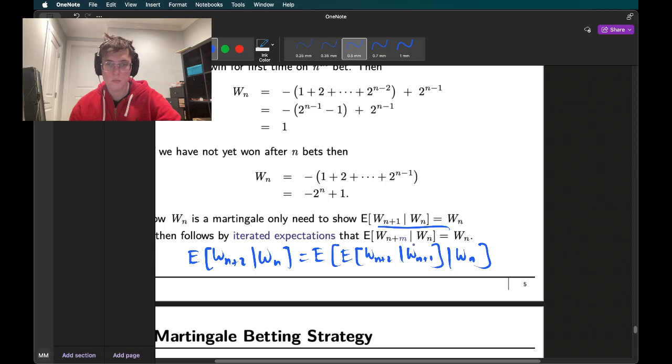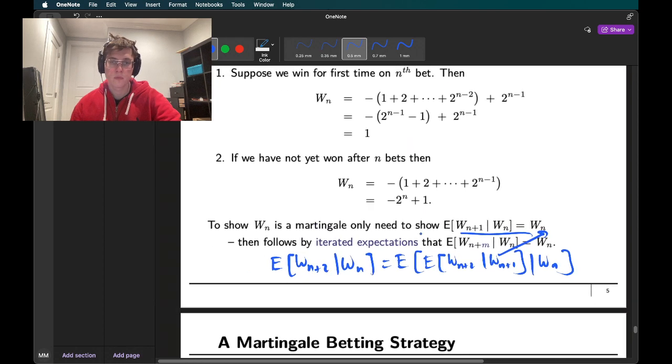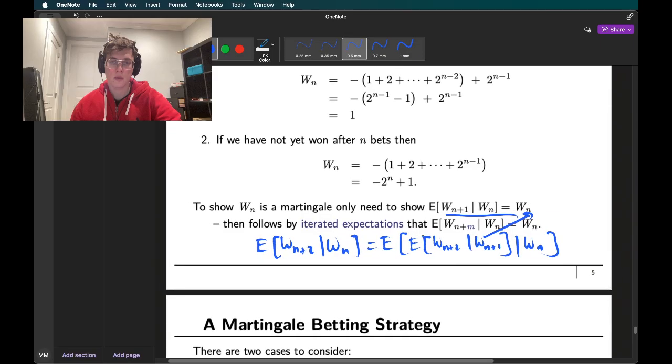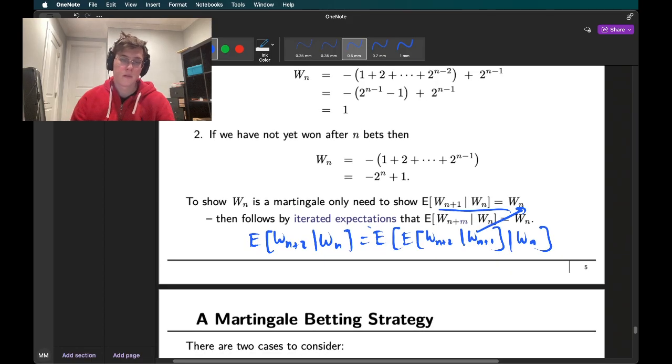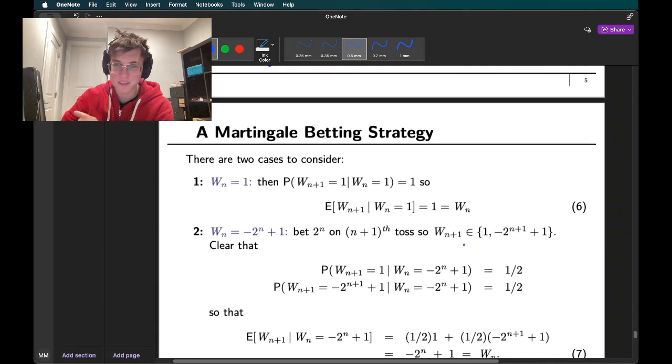If we know this, we know this, and then we know that. So basically, we can replace this. Yes, we can, inside this expectation, we can replace Wn+2 with, crap, I will maybe try to explain that later.